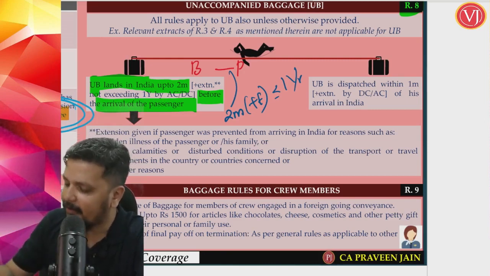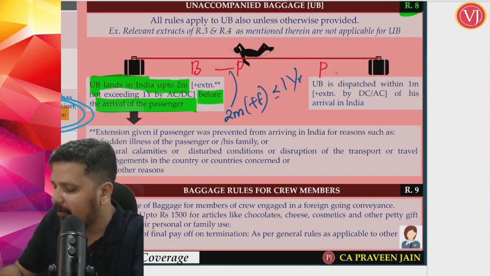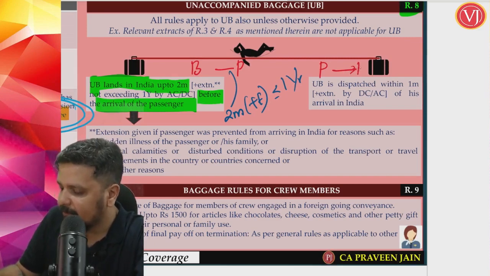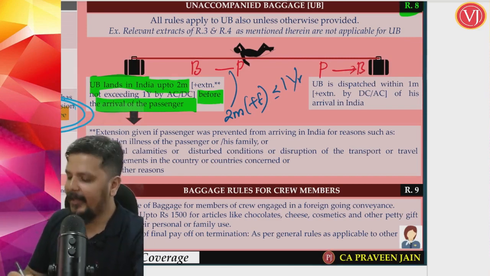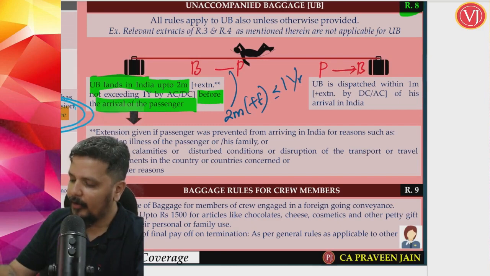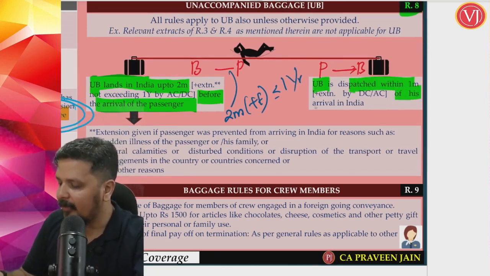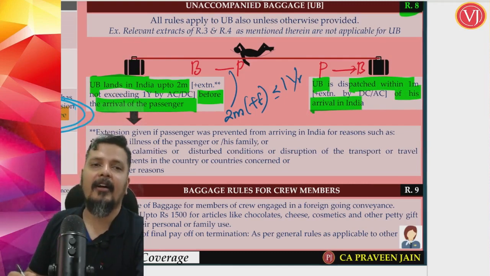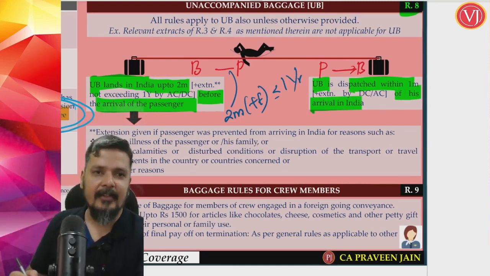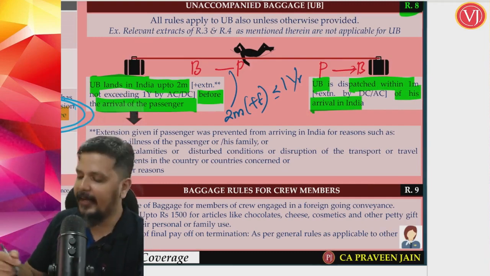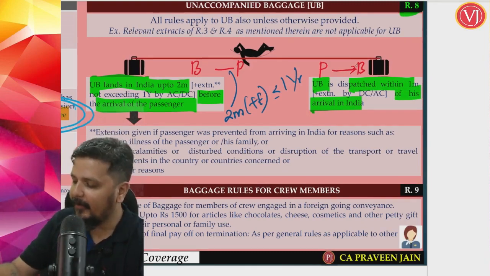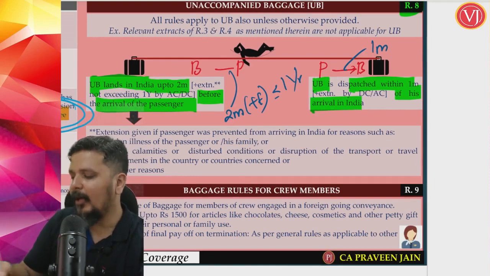Now the reverse case: first passenger, then baggage. Your unaccompanied baggage is dispatched within 1 month of arrival in India. The passenger has arrived, and the baggage is coming within 1 month.